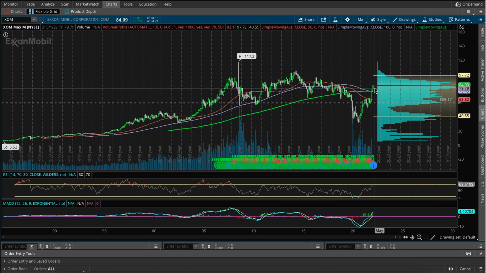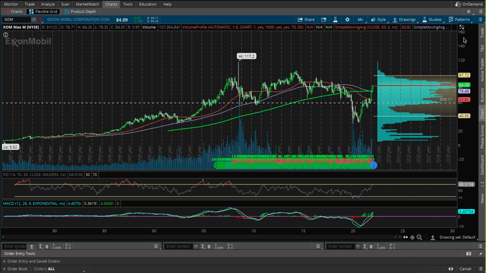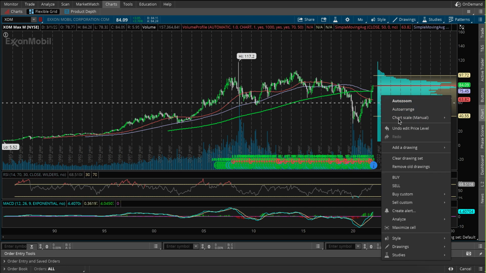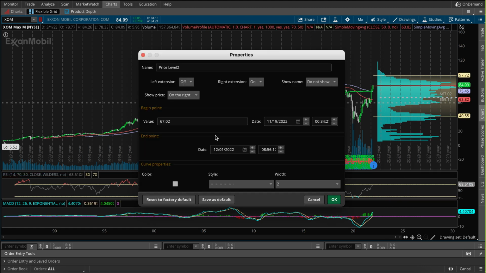Right now it's at 84.09. So if I was to buy a put at, let's say, $60 or so, where's $60? Let me see. I can barely see it in this color.